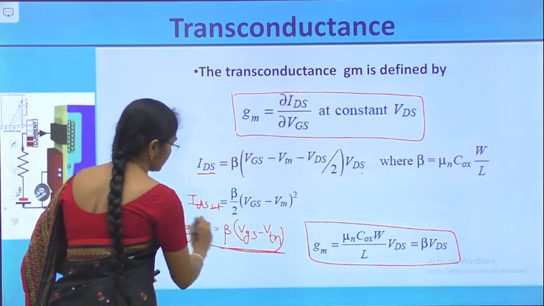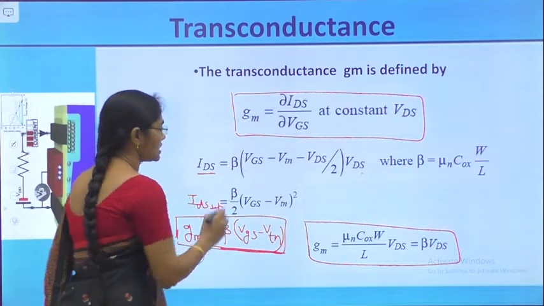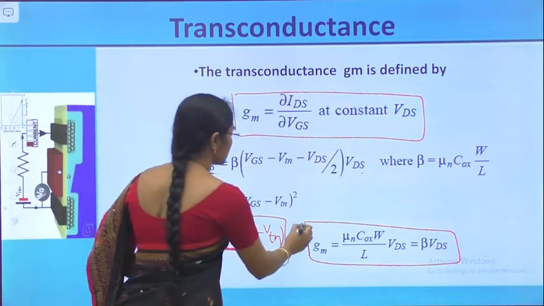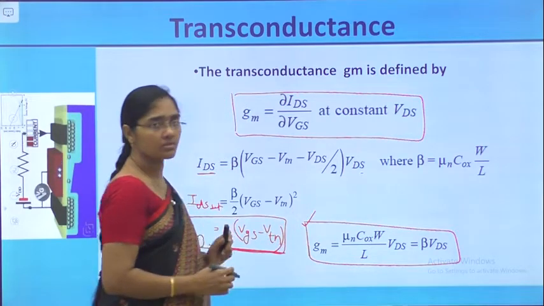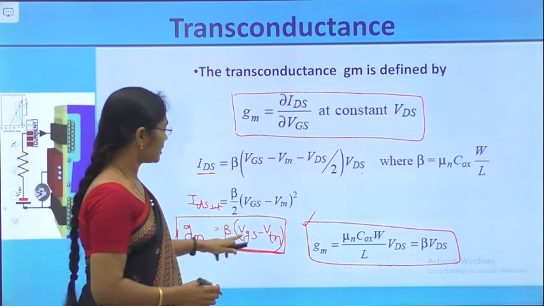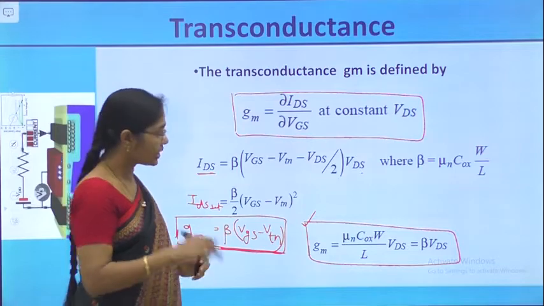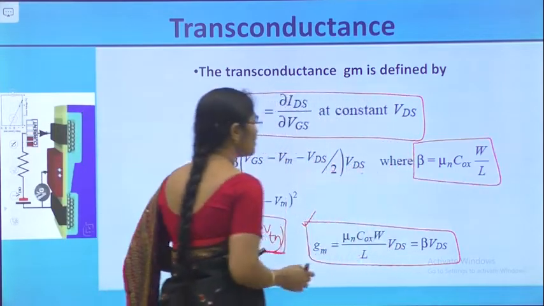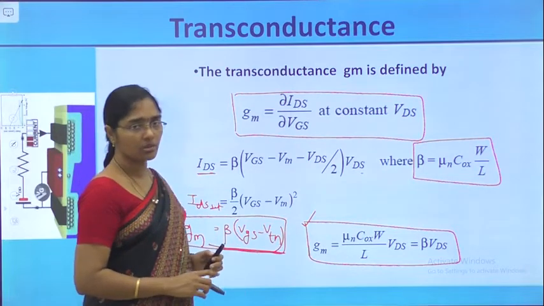GM in saturation region and GM in non-saturation region. GM is equal to beta into VDS, or beta into (VGS minus VTN), where beta is equal to K into W by L, or mu n into COX into W by L.